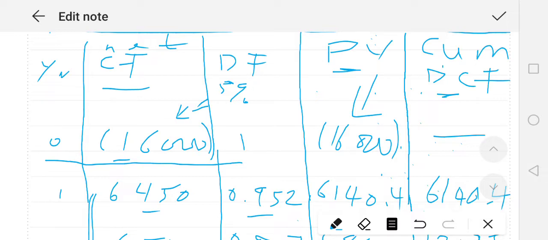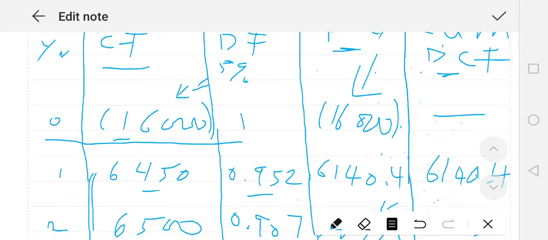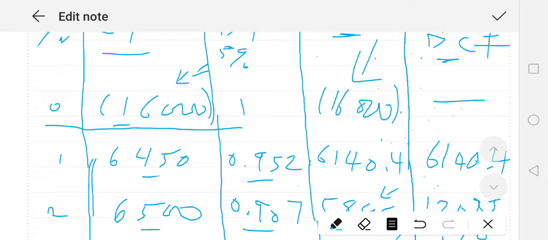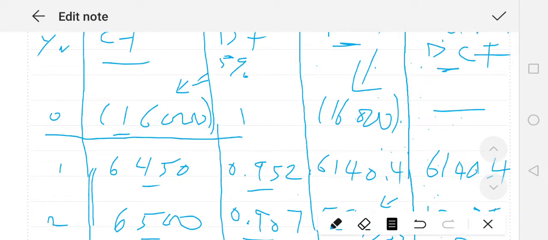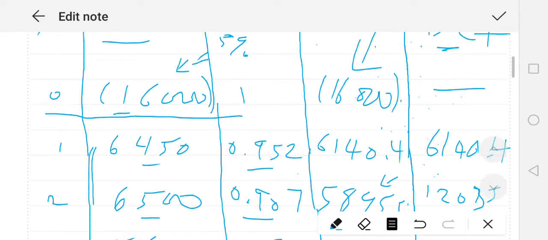You go to the cumulative discounted cash flow and look at it.